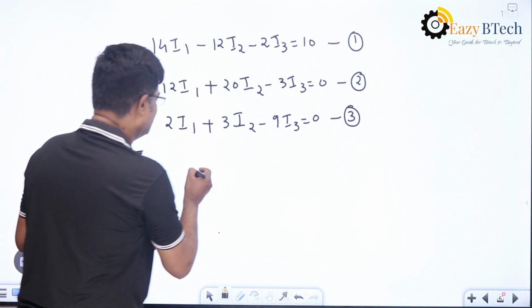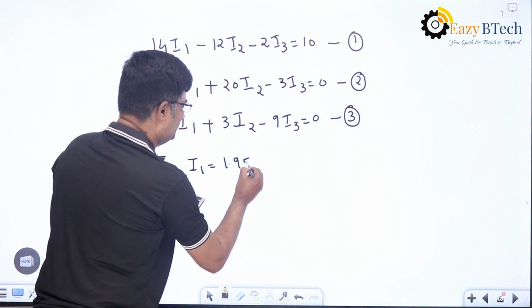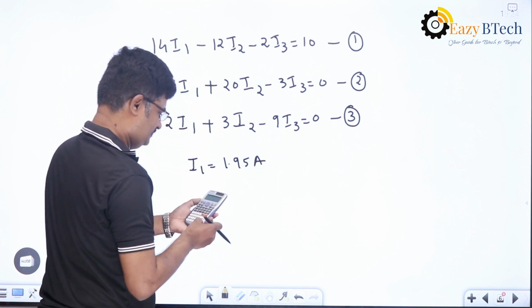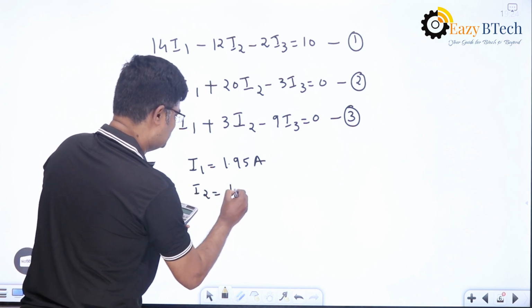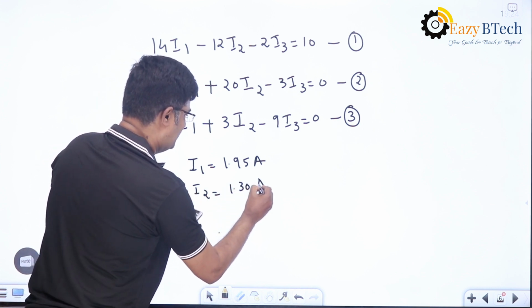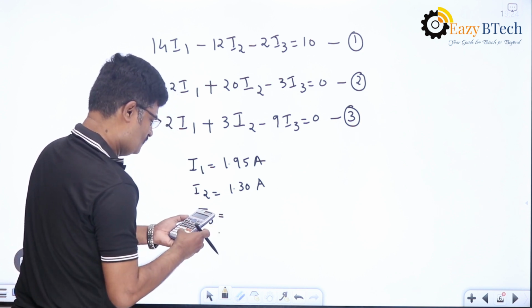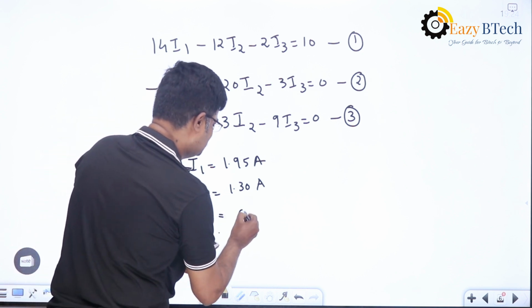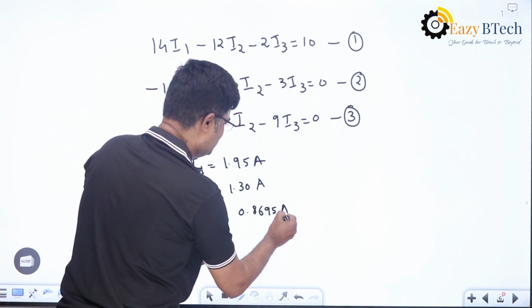So here I got the value of I1 as 1.95 amperes. I2 I got as 1.30 amperes. I3 I got as 0.8695 amperes.